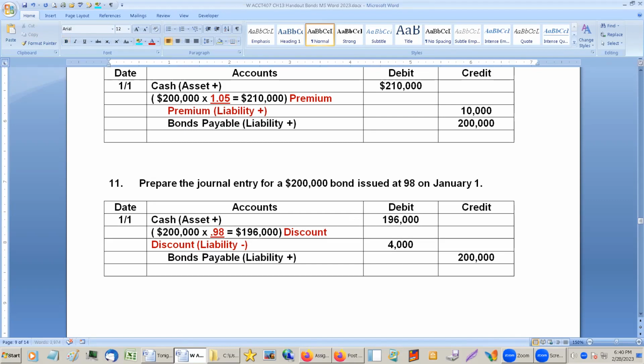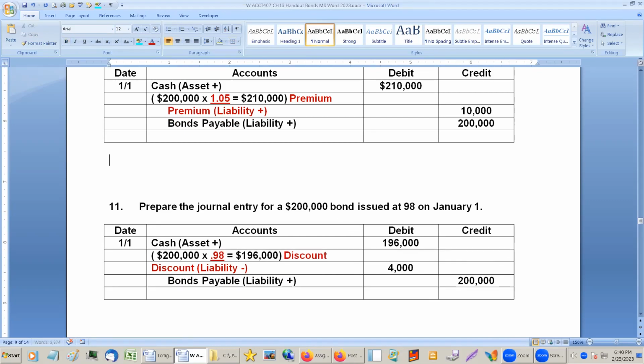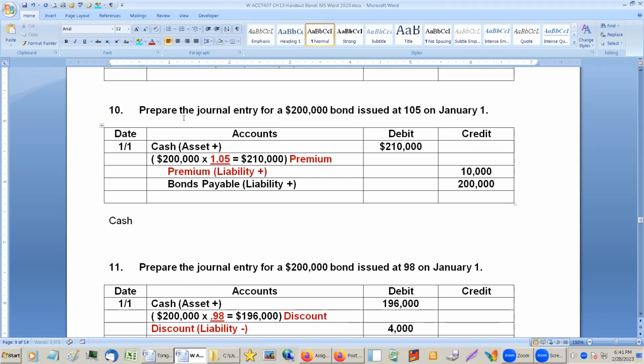So let me show you how these would be shown on the balance sheet. Well, I'll do this one first. So this is the premium. Your cash would go up by 210,000.